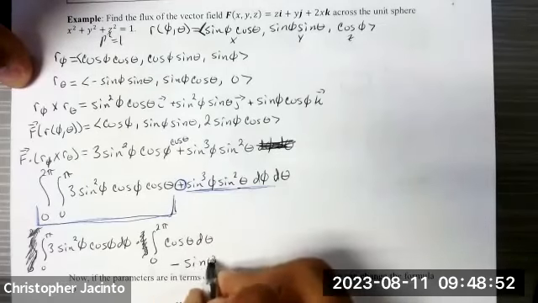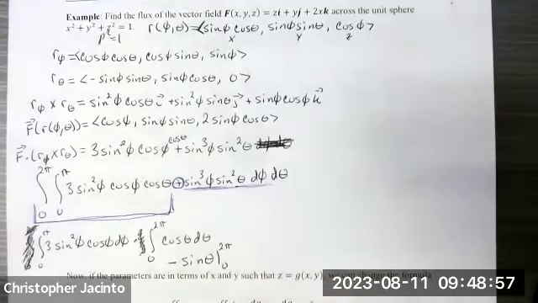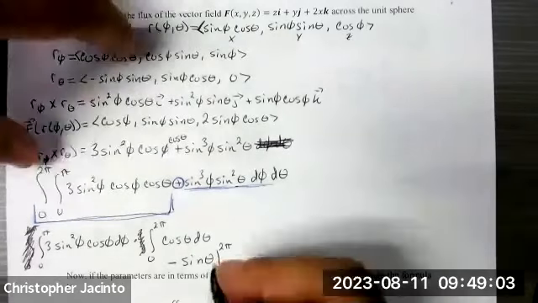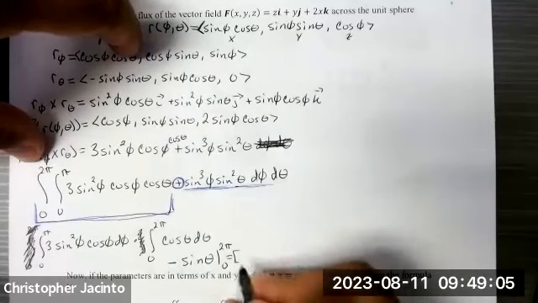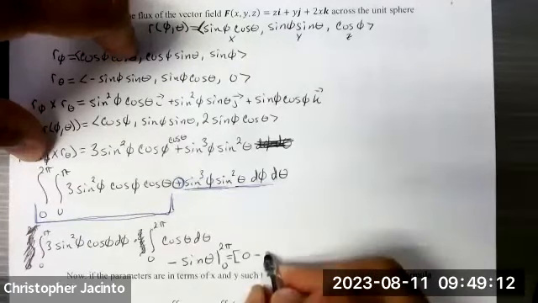Negative sine theta, evaluated at 2 pi and 0. Well, if I plug in 2 pi, I get 0. And if I plug in 0, I get 0.